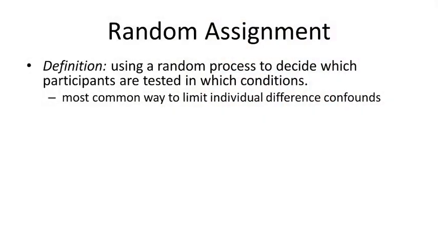So first of all, you have random assignment. This is when we use some random process to decide which participant is tested in which condition. This is the most common way to deal with individual difference confounds. Because as I said in the previous video, you can spend a lot of time and effort to make sure everything is perfectly balanced.